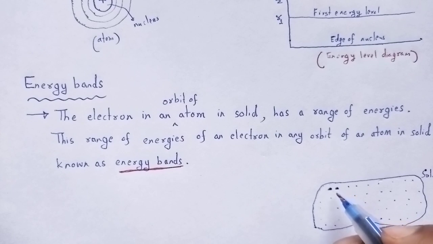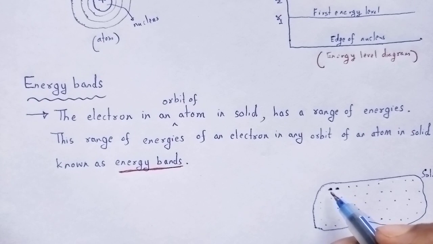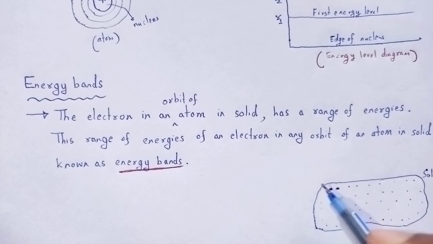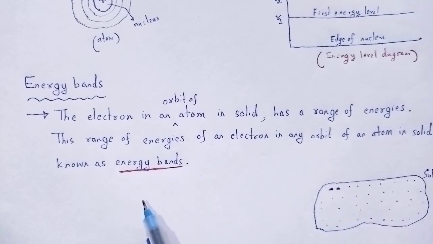So, there will be an energy difference, or we can say that energy varies in a range, and the collection of these energy levels of an electron present in that orbit is known as energy bands.